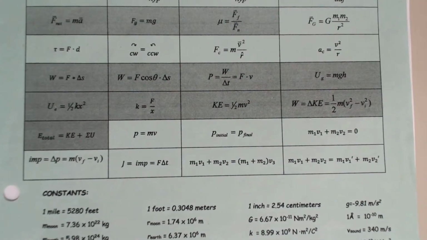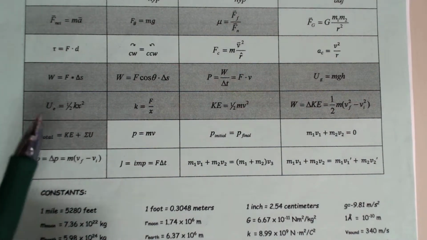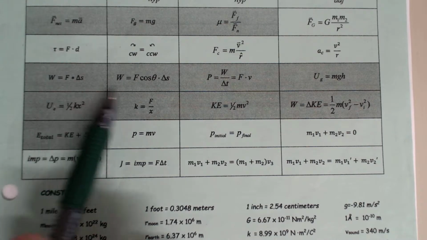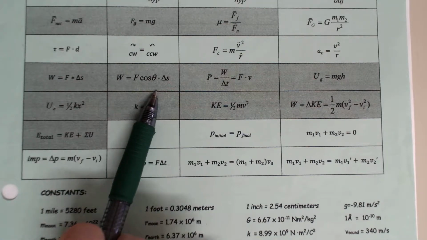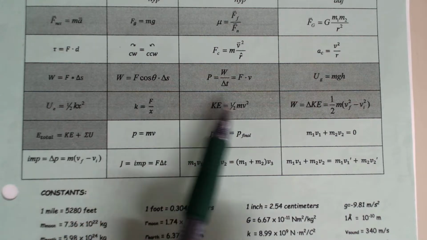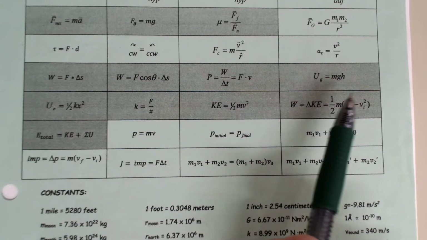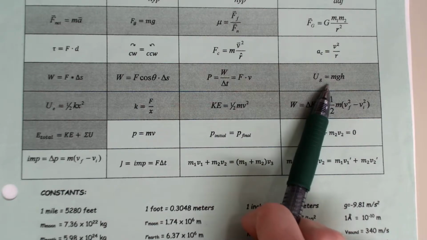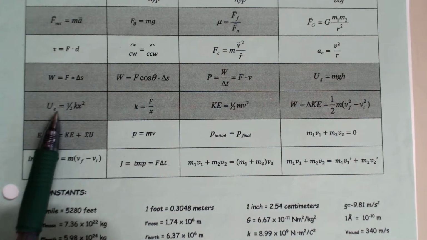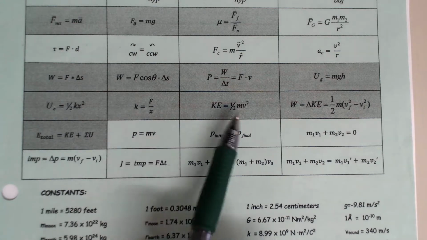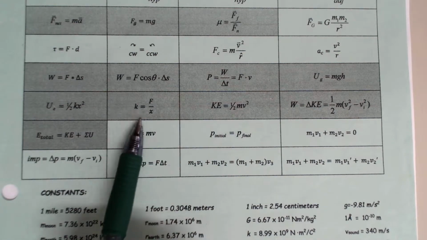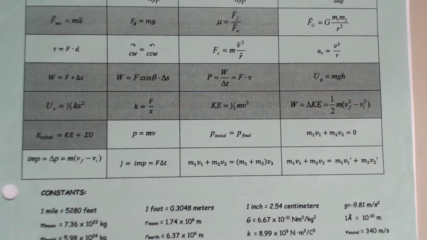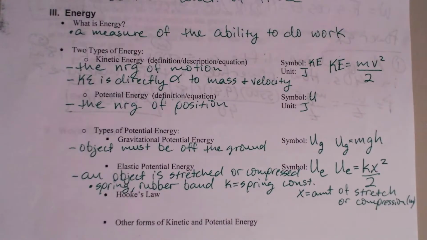If you look at your formula sheet, we have the equation for work, work at an angle, and then power, and then there's UG, gravitational potential energy, the formula is right there. Elastic potential energy, it's right there. Kinetic energy is right there. And then there is Hooke's law. Hooke's law is k equals F over x. So all of that is right there.